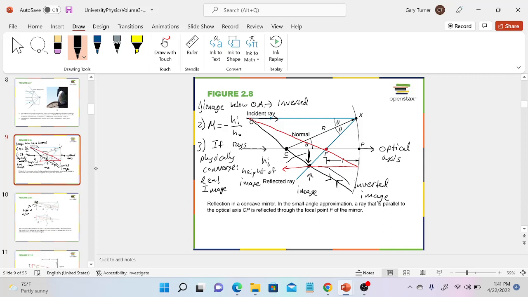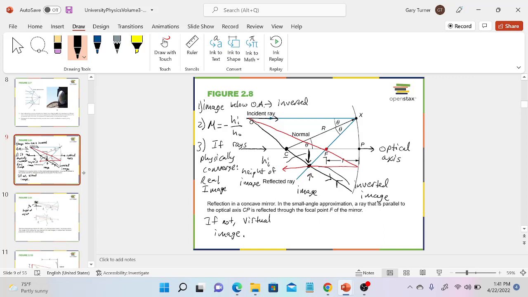If your rays do not physically converge, this is what we call a virtual image. Okay. And again, you only need two of these rays.